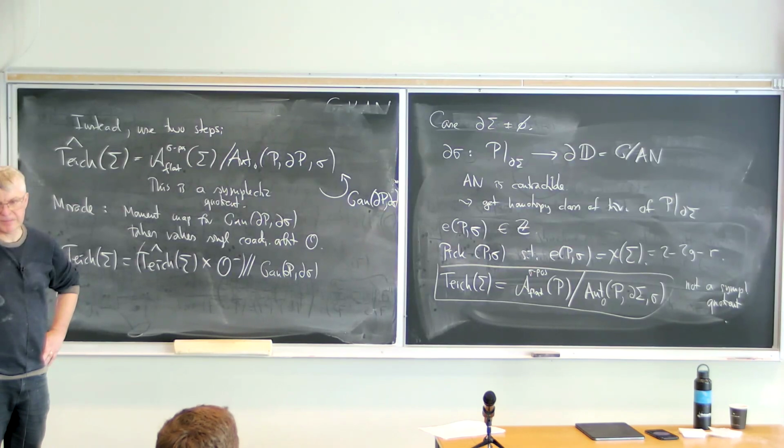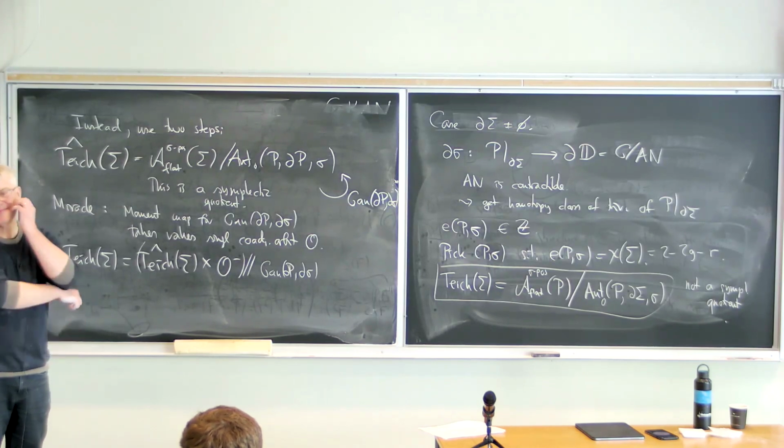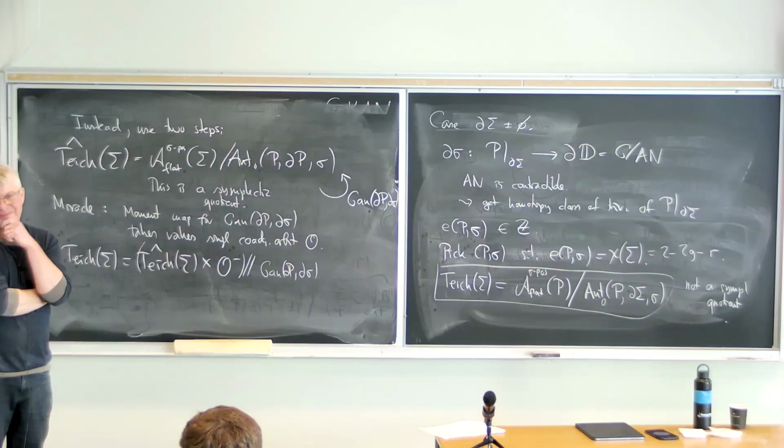If I remember correctly, you had this paper some years ago on realizing the Teichmüller space as a symplectic quotient, where they had to introduce some other type of moment map to do this. Have you tried? That's probably without boundary. Yes, without boundary. We tried whether their methods can be used.